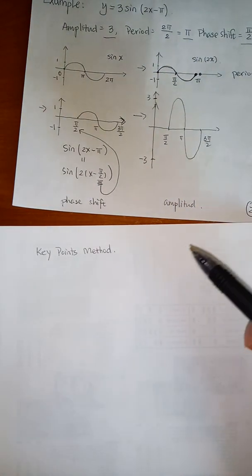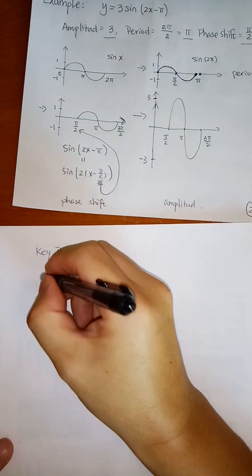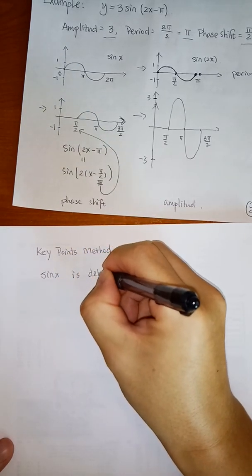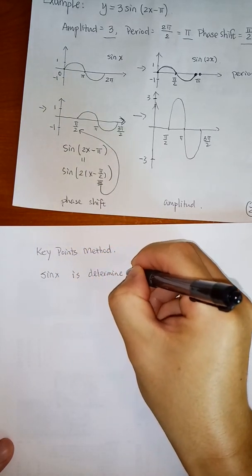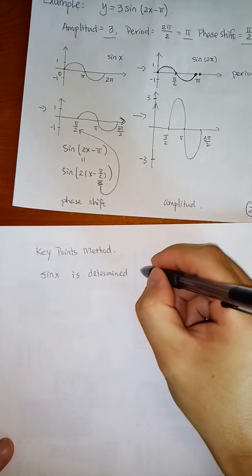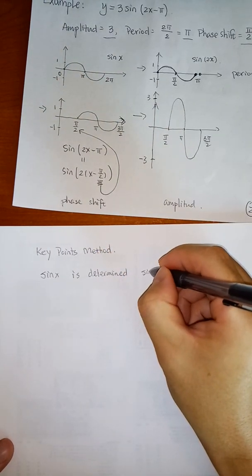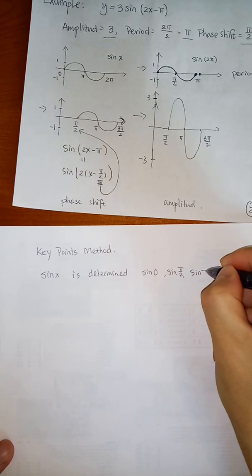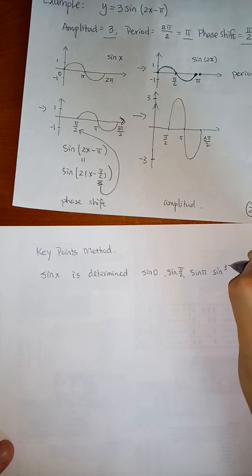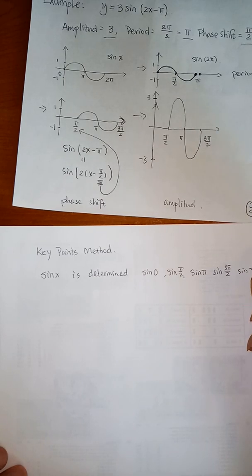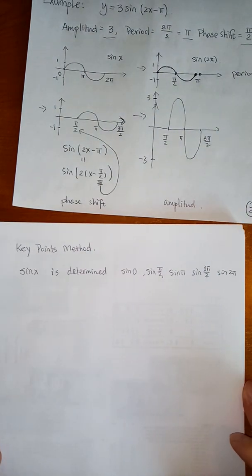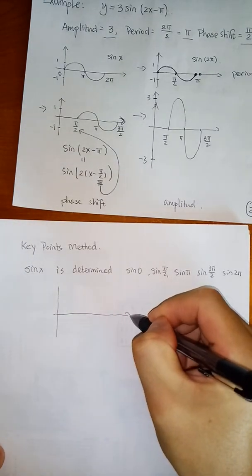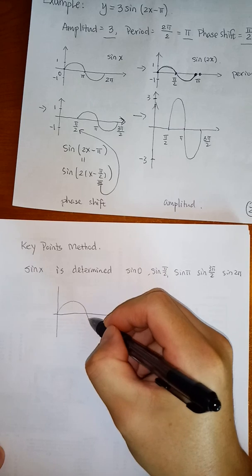The shape of the graph of the sine function is determined by sine 0, sine pi over 2, sine pi, sine 3 pi over 2, and sine 2 pi. Okay, it is determined by those 5 values.